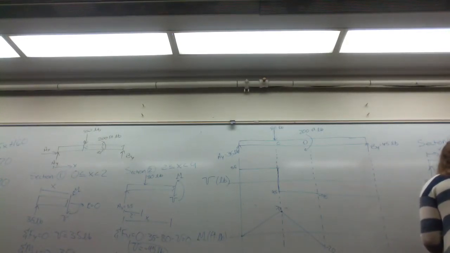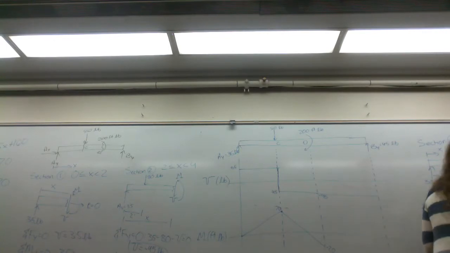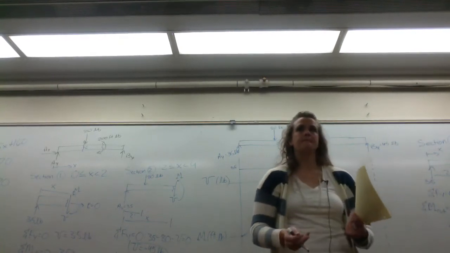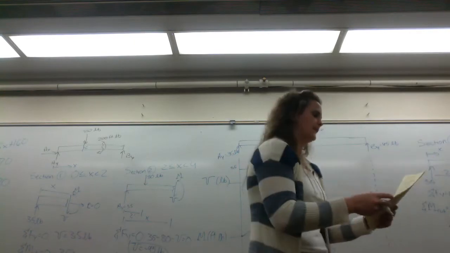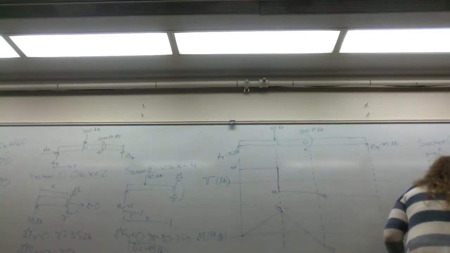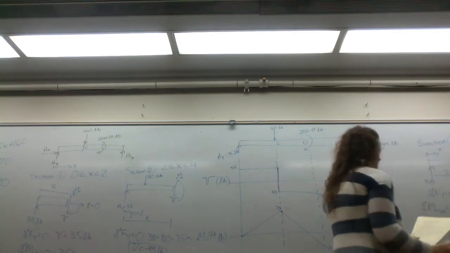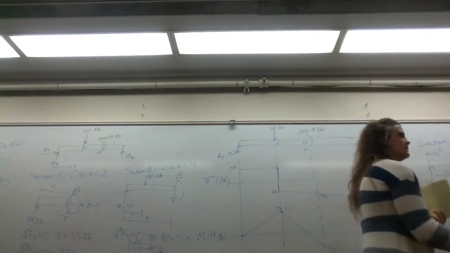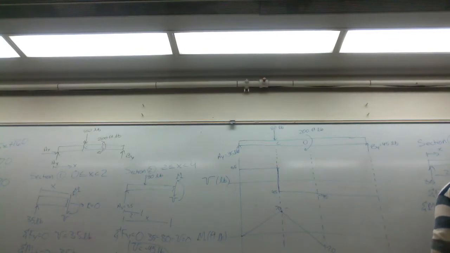So solving for my bending moment, negative 45x plus 360. Okay? So, at x equals 4, your bending moment is 180 foot-pounds.